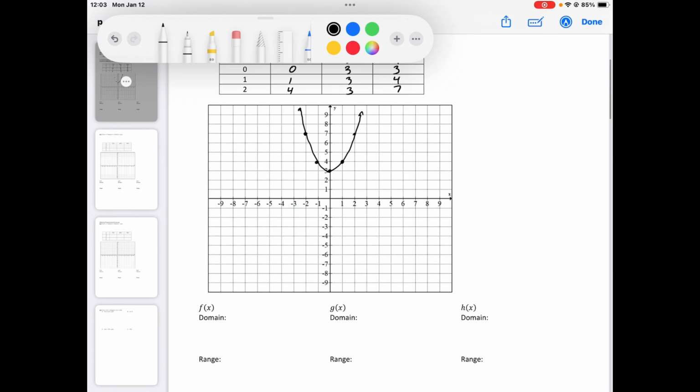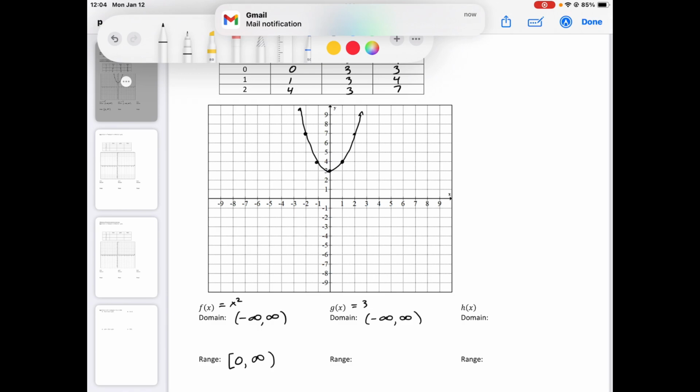The domain of our f(x) function is all our possible x values, and so we just have all our real numbers. Our range is going to be from 0 to positive infinity, because this is our parabola. g(x) is equal to 3, so our domain is still all the real numbers, but our range is actually only equal to the value of 3.